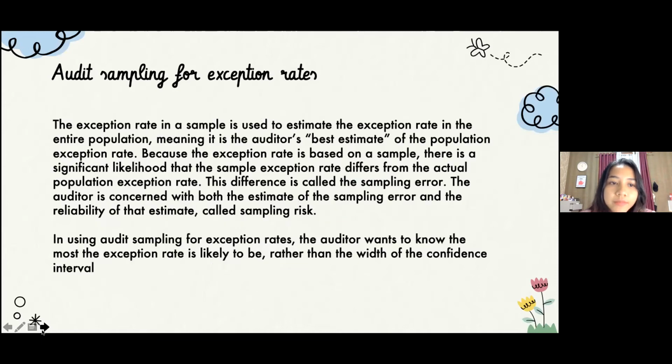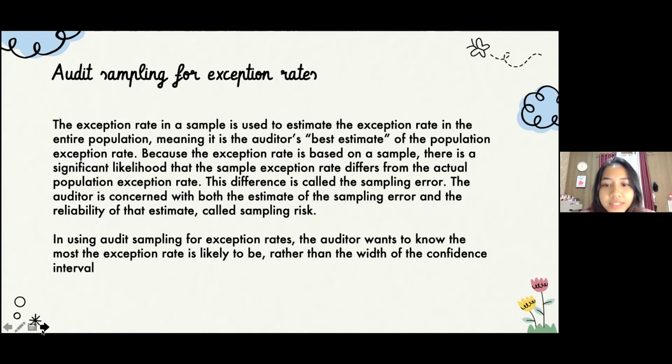The exception rate in a sample is used to estimate the exception rate in the entire population, meaning it is the auditor's best estimate of the population exception rate because the exception rate is based on the sample. There is a significant likelihood that the sample exception rate differs from the actual population exception rate.